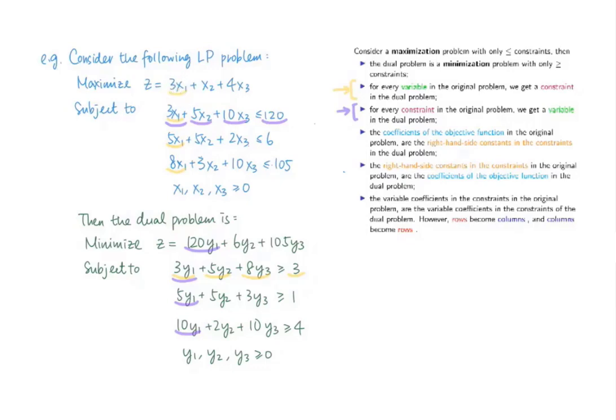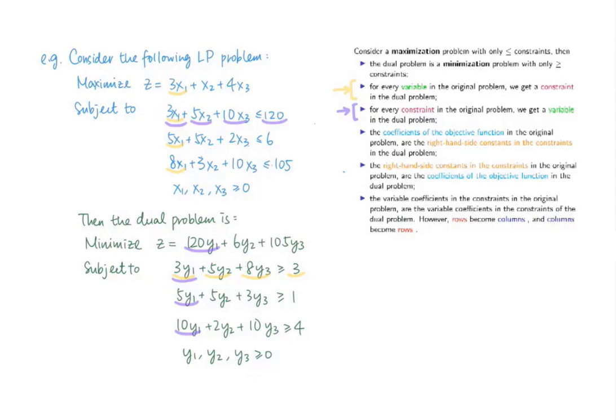This gives us the information to build the first constraint of the dual problem. So the first constraint in the dual problem becomes 3y1 plus 5y2 plus xy3 greater than or equal to 3, where this comes from the coefficient of x1 in the objective function of the original problem.